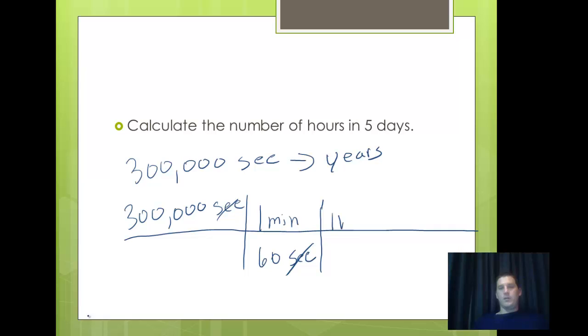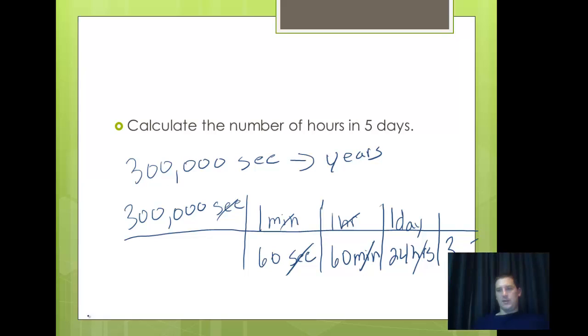We're going to leave the numbers there because the numbers are going to become important. So let's get rid of this hour. So 1 day now is 24 hours. Cancel out the hour. We're going to leave the day. We can go days to year, right? Of course we can. We know that there are 365 days in 1 year.